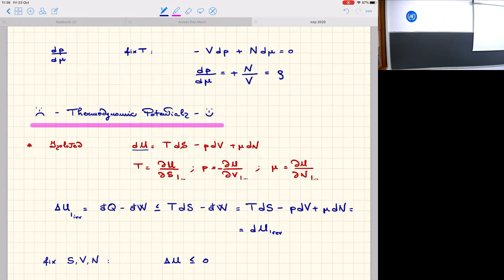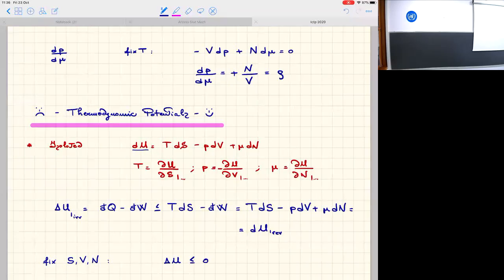You didn't get this formula? Well, you see, if I fix S, V, and N, that means that dS is equal to 0, dV is equal to 0, and dN is equal to 0. So dU reversible is equal to 0, and therefore dU is smaller or equal to 0. So I just rewrote what I wrote above.